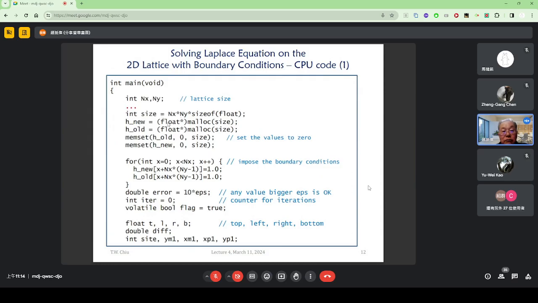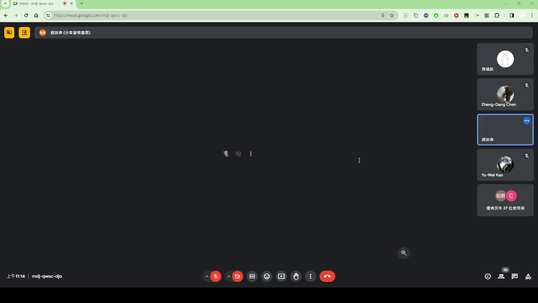First, I have to declare two vectors, h_new and h_old. The size is nx times ny elements, and the data type is float. Then I set all the values to 0. It is not necessary to set to 0, you can set that randomly, it's fine.